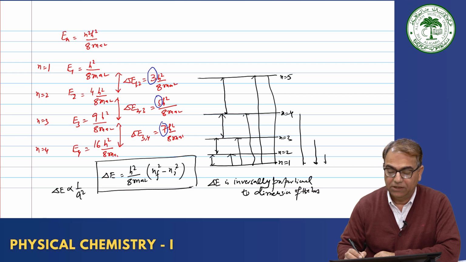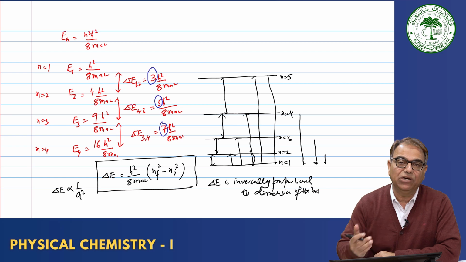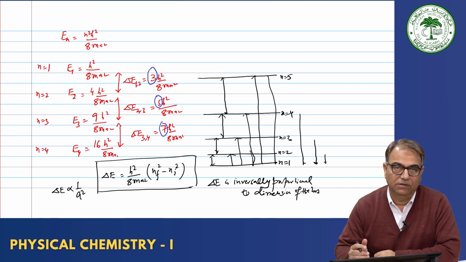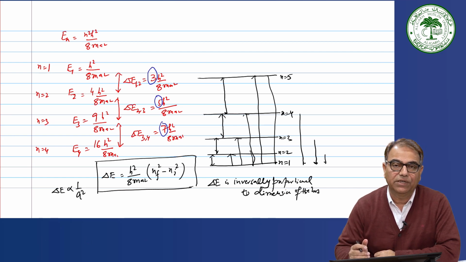Means, do we have any restriction or any kind of migration is possible? And so, we introduce the concept, which we will do in detail in spectroscopy, but here just to introduce you that there are certain rules by which this transition takes place, and these rules are called selection rules.